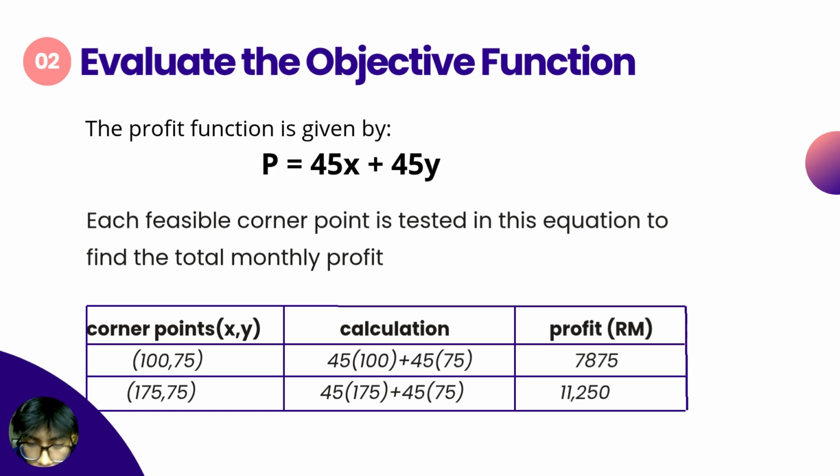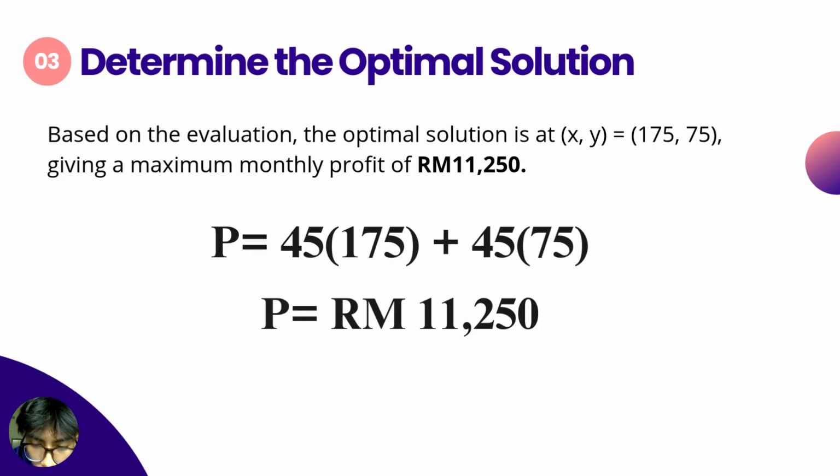So clearly, as you can see here, the second point yields a higher profit. Based on our calculation, the optimal solution is at coordinate x, y, which is 175 and 75, giving a maximum monthly profit of 11,250 ringgit.